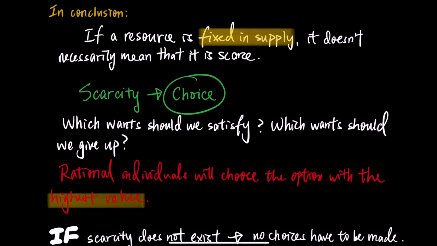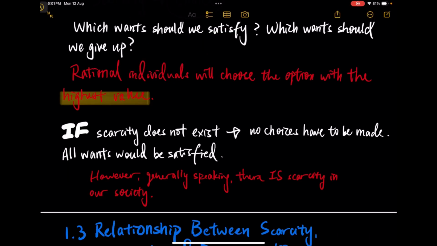Now, with scarcity comes choices. So we have to think about which wants we want to satisfy and which wants we should give up. Now, it is stated that rational individuals will choose the option that to themselves have the highest value. And of course, this value differs from person to person.